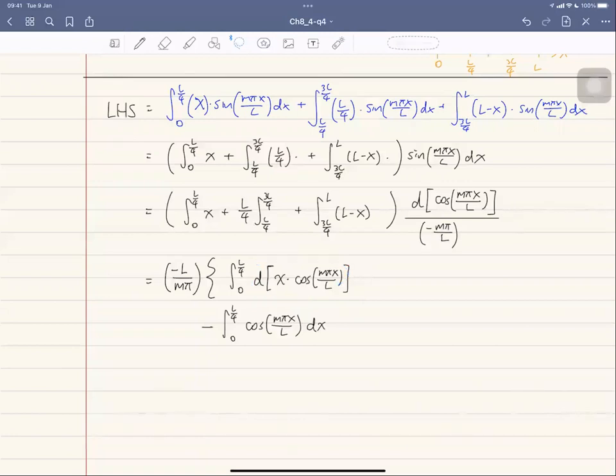So the first piece is keeping the x outside and differentiating just this, which is this. And the second piece over here is keeping this outside and differentiating just x. So these two together should reproduce this piece.